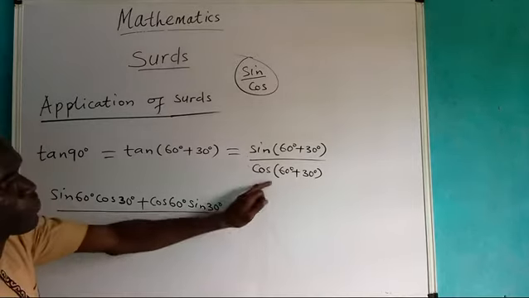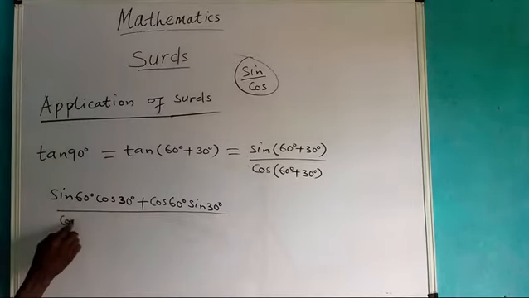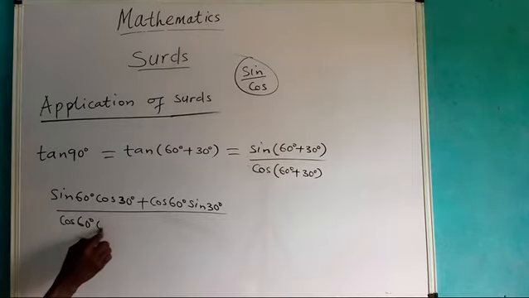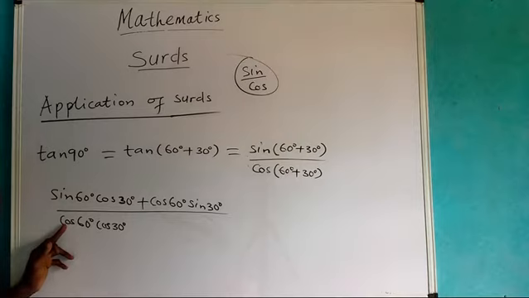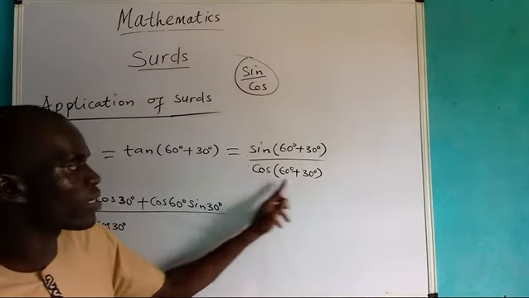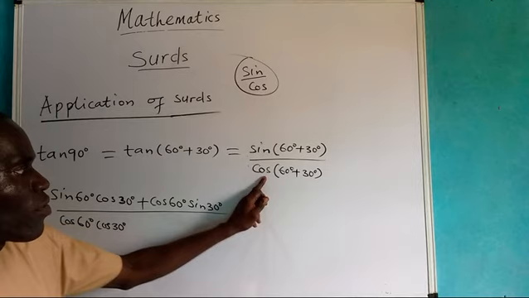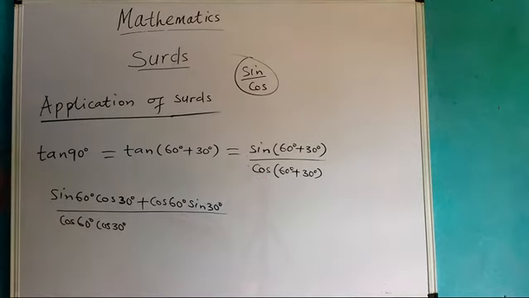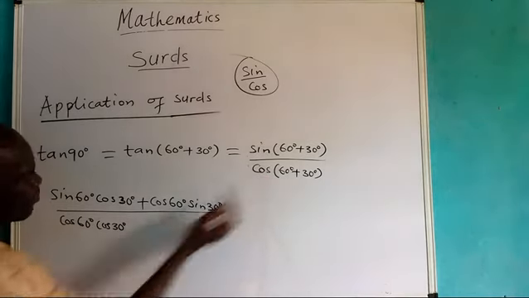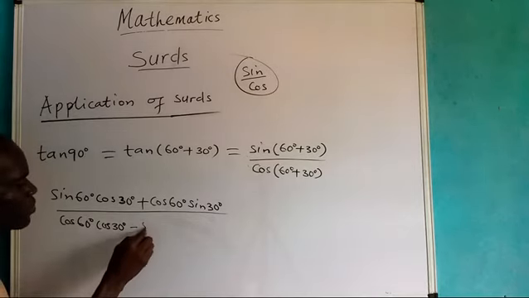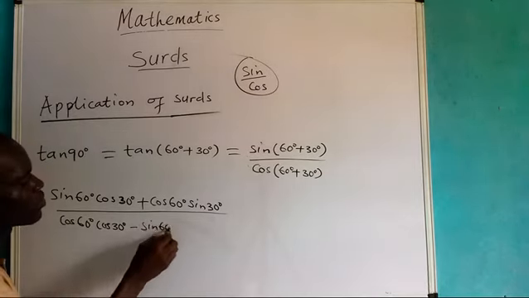Over the one I have under, I have cos, which becomes cos 60 degree cos 30 degree. Since we are dealing with cos here, this sign will change. This addition will always change for cos. Is that clear? We have plus here, we have minus here, but for sine it remains the same.